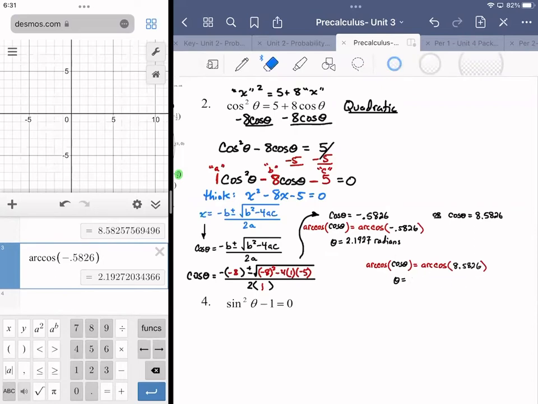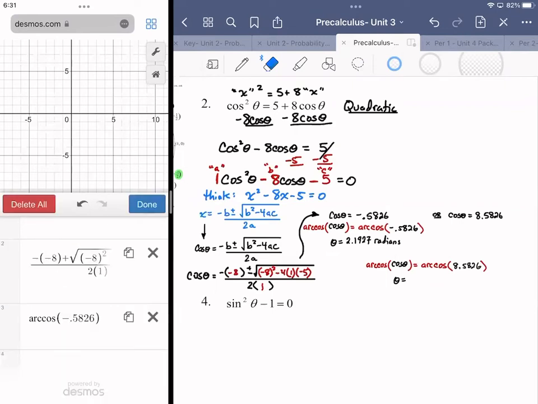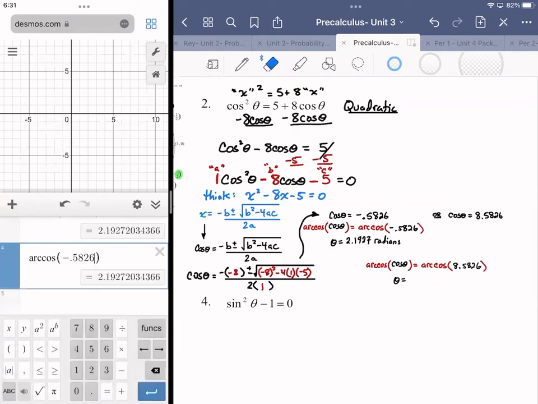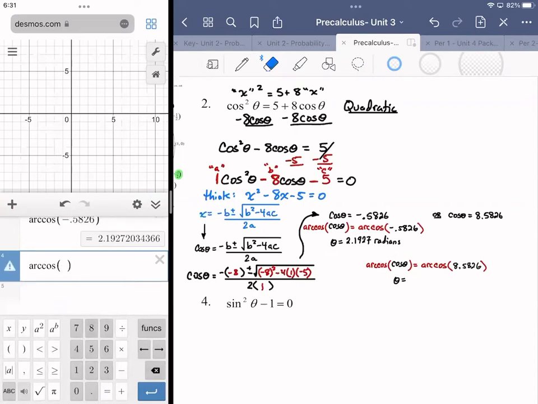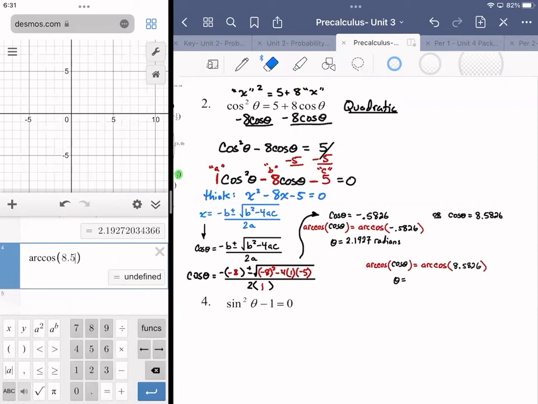All right, so in Desmos, I would check that out. And you see that that gives us undefined. And that's because not all trig functions, but the sine and cosine ratios can only exist between -1 and 1. So this one wouldn't give us a solution, which is good because we had our hands full with the other piece to begin with.